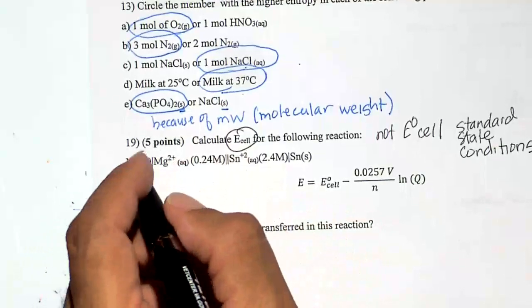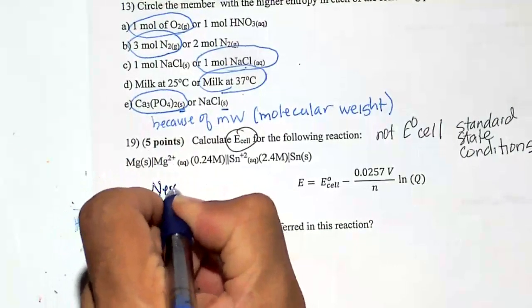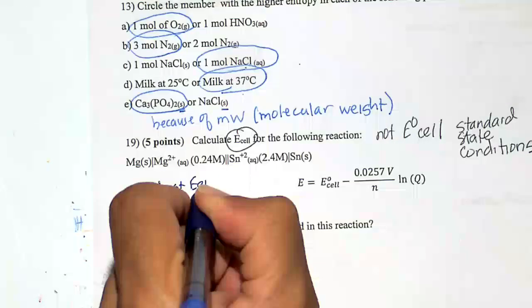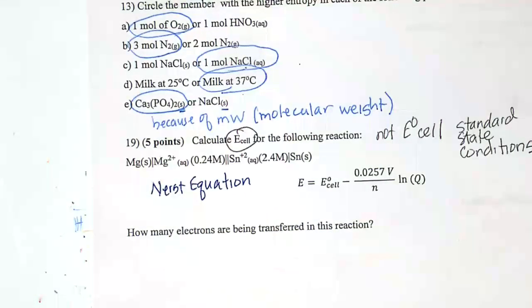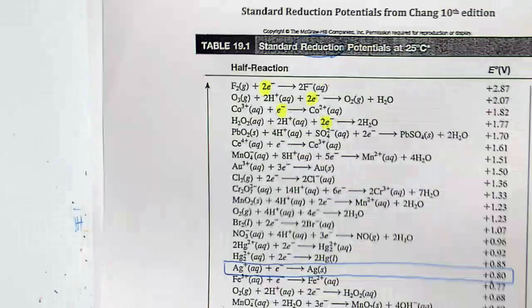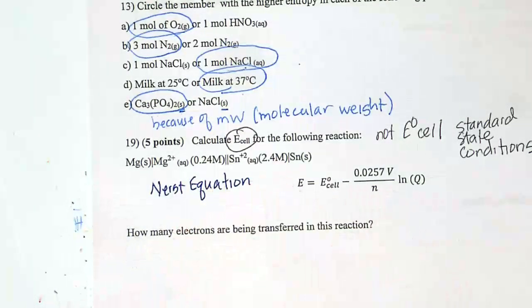But the Nernst equation isn't about calculating E cell standard from our table. It's about calculating E cell in non-standard state, at any temperature and any conditions.